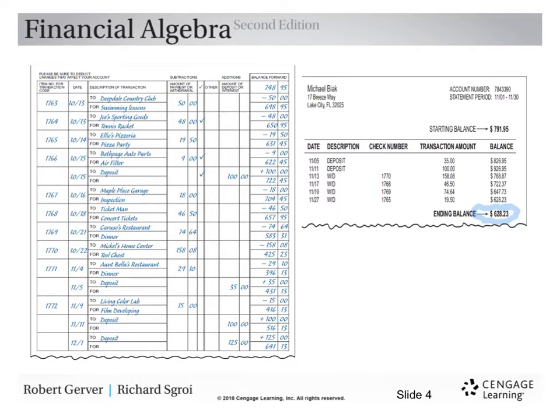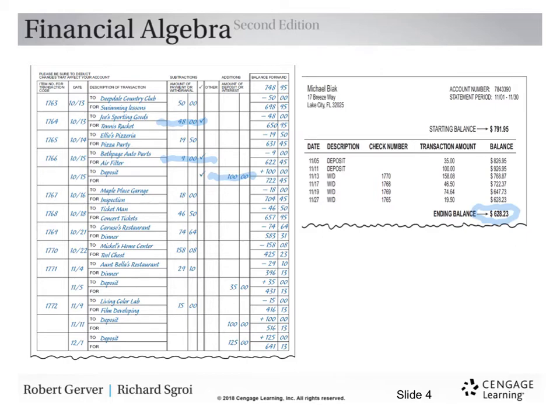Now, first thing we're going to do is look for this column with check marks on it. The check marks simply indicate that that item was handled in a previous bank statement. So we can pretty much ignore that check right there, this check right here, and this deposit right here.